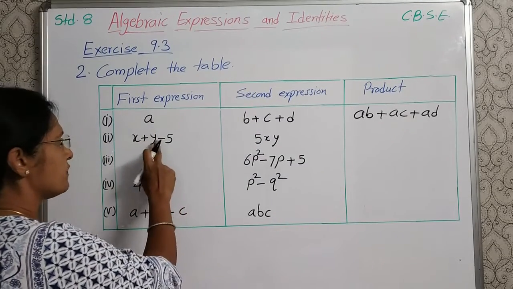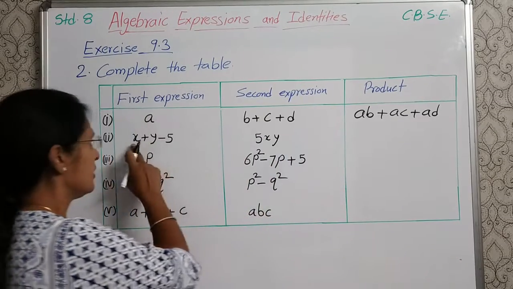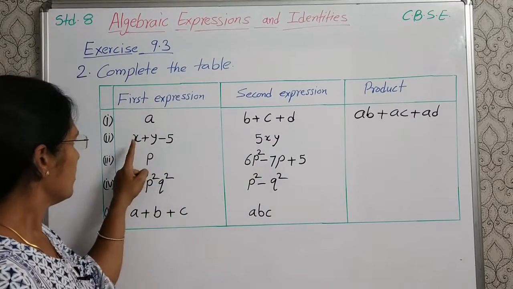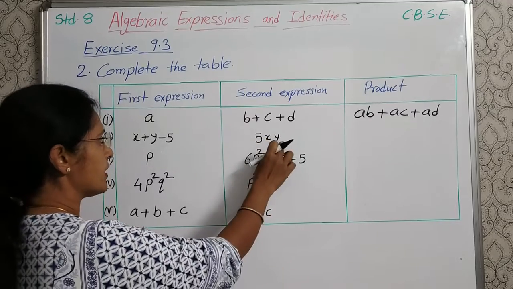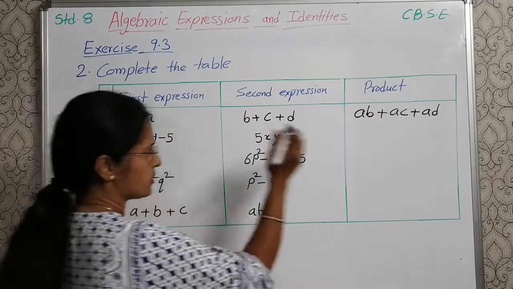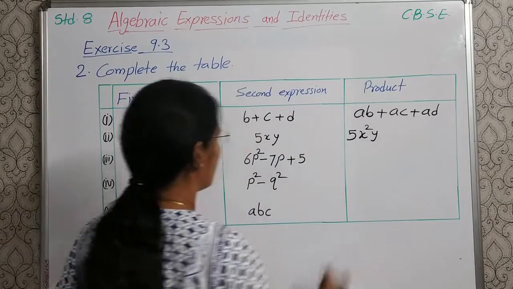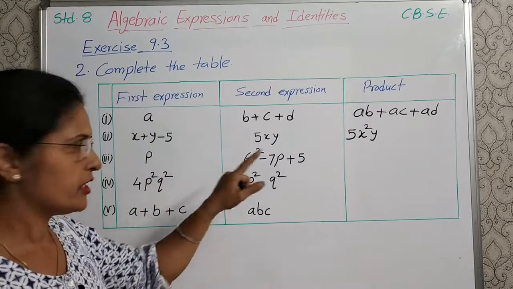Second, x plus y minus 5 into 5xy. Now this is a monomial and here it is a trinomial. So multiply this 5xy with all these three terms separately. 5xy into x is 5x square y, because here x 1 and 1, the exponent is 1 1.